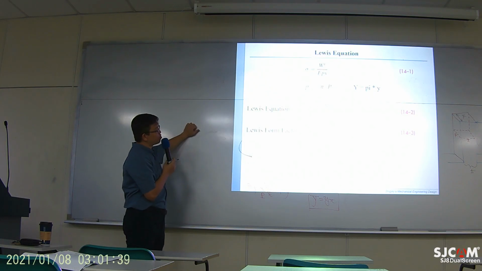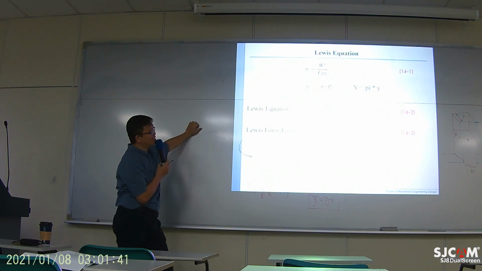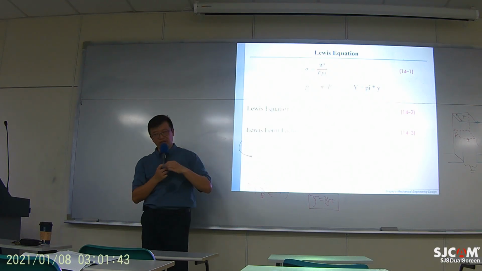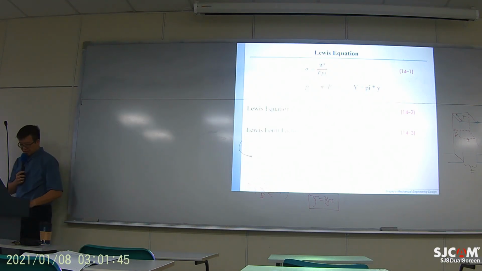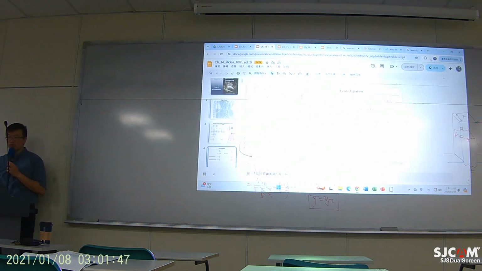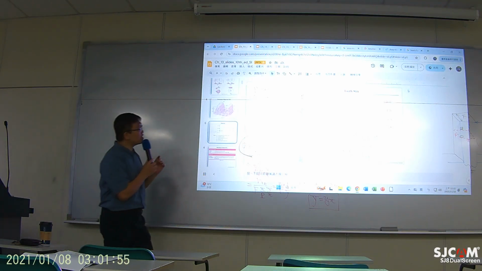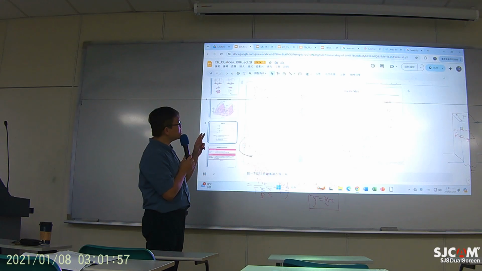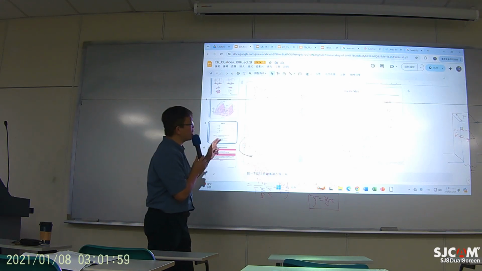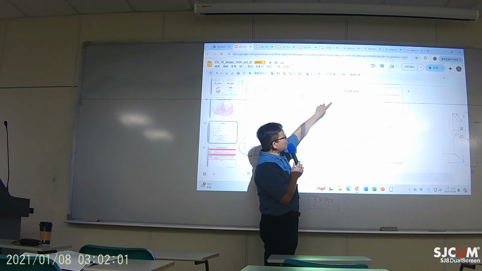If you have diametral pitch, the big P, then use that equation. Okay? So let's go back to earlier, the definition of your gear. So which P is easier to get? Actually, the capitalized P is easier to get.